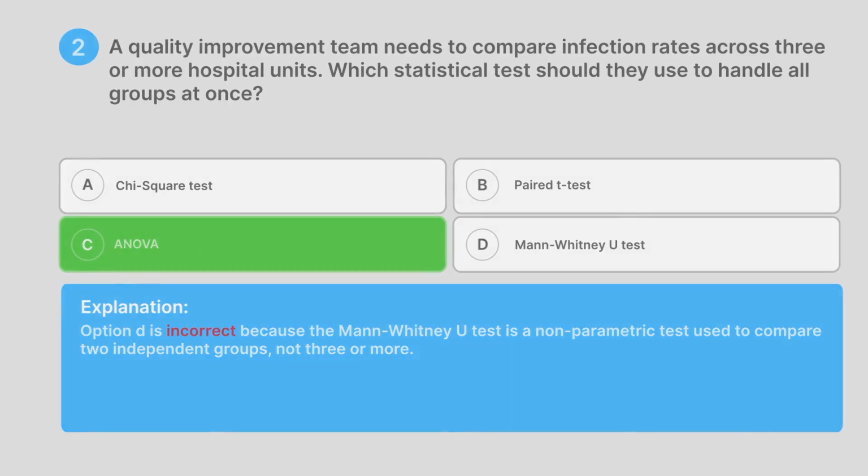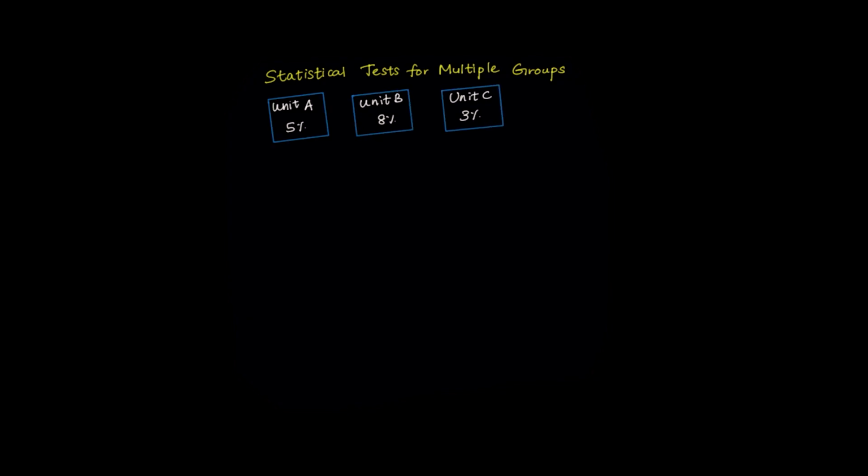Let's explore the principle behind statistical tests for multiple group comparisons. When a quality improvement team needs to compare infection rates across 3 or more hospital units, they need a test that can handle all groups at once. This is where ANOVA, which stands for Analysis of Variance, becomes the perfect tool.